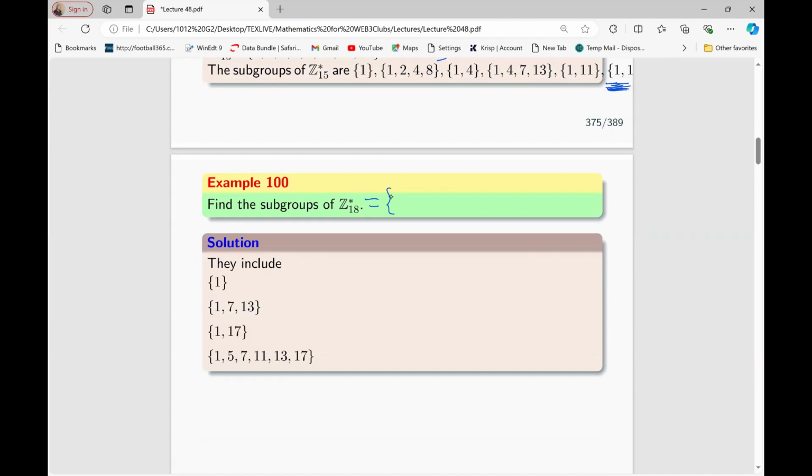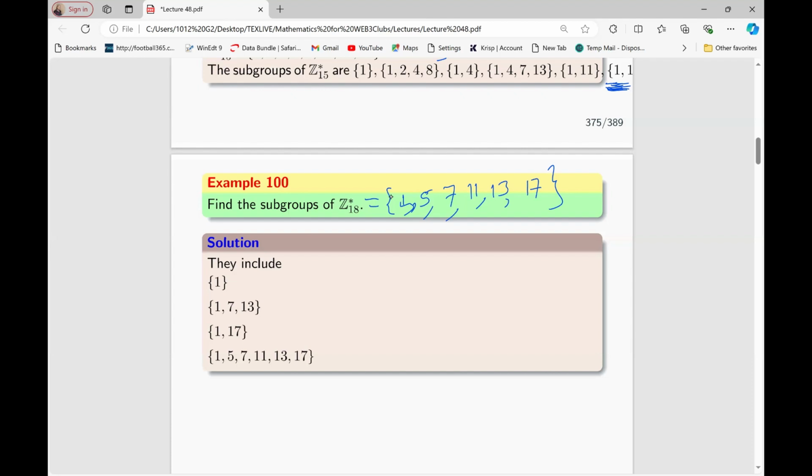The elements are those relatively prime to 18. 1 is. 2 is not. 3 is not relatively prime to 18. 4 is not. 5 is. 6 is not, but 7 is. 8 and 9 are not. 10 is not. 11 is. 12 is not. 13, 14, 15, 16, 17.